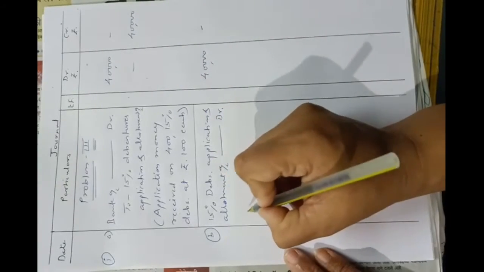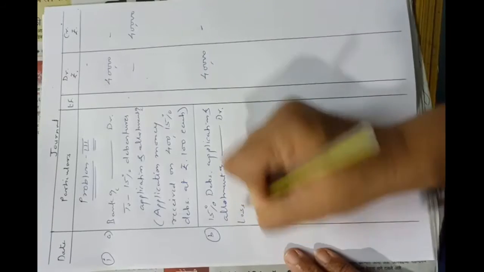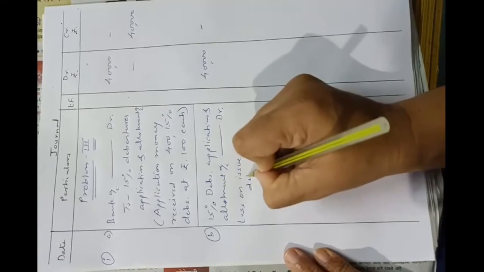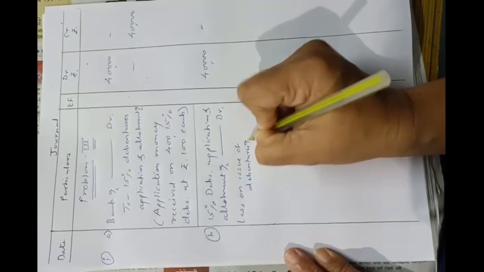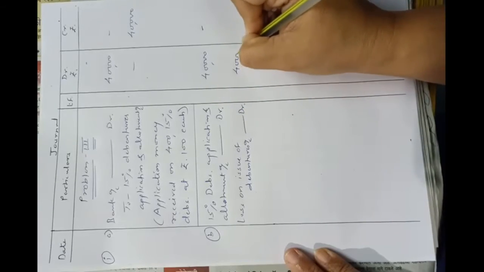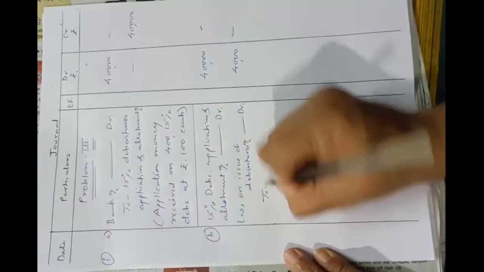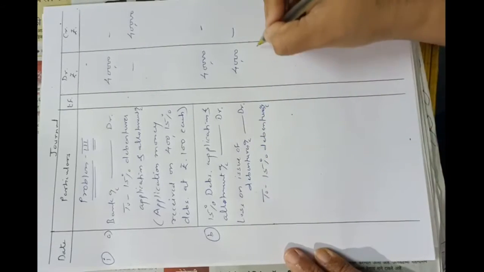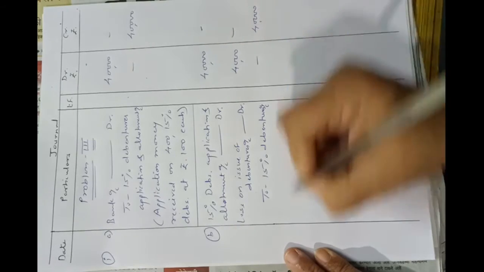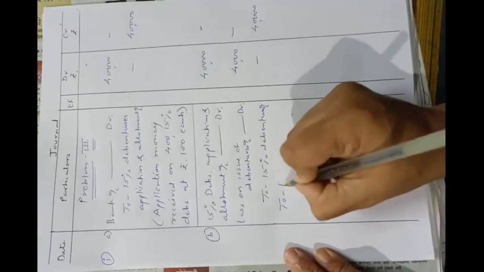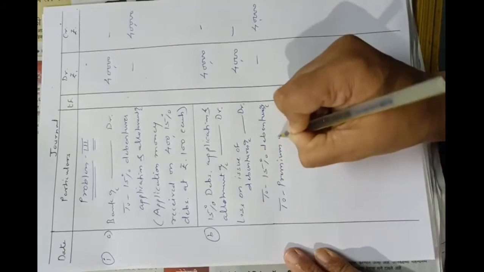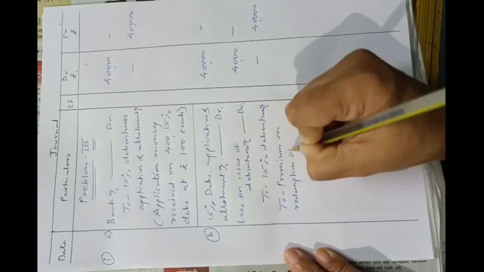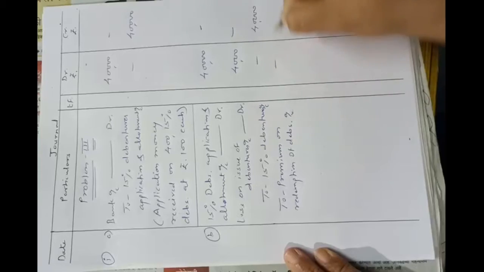So loss on issue of debentures account debit 4,000, to 15% debentures account 40,000, to premium on redemption of debentures account 4,000.